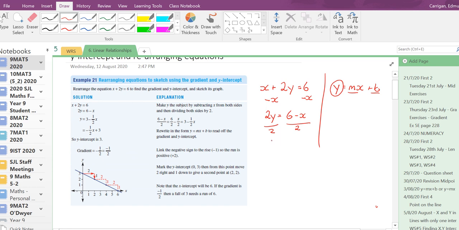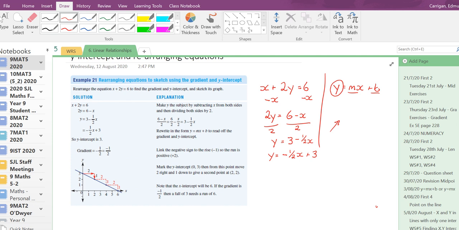So we have y equals 6 on 2, which is 3, and minus 1 on 2, minus a half x. If we strictly want it in that form, we can rearrange it to y equals minus half x plus 3.